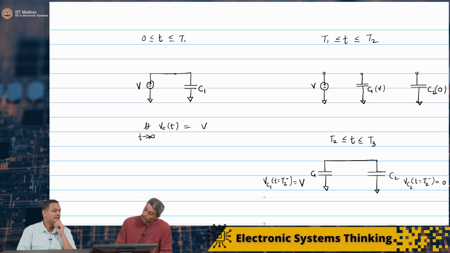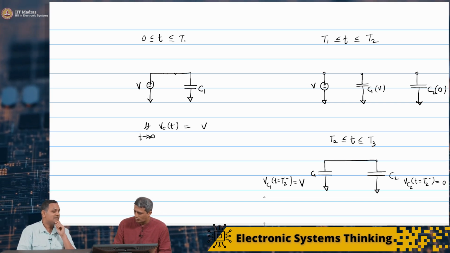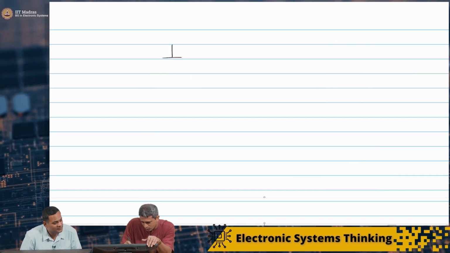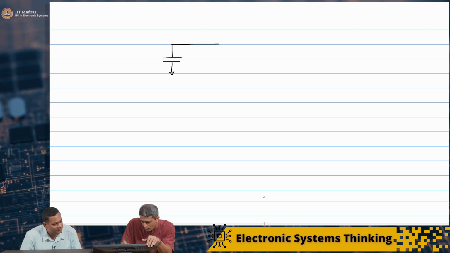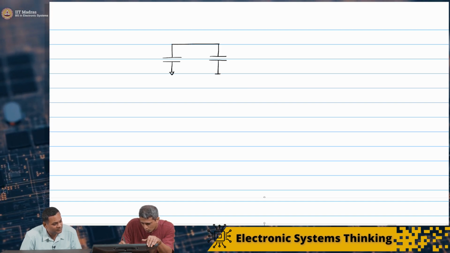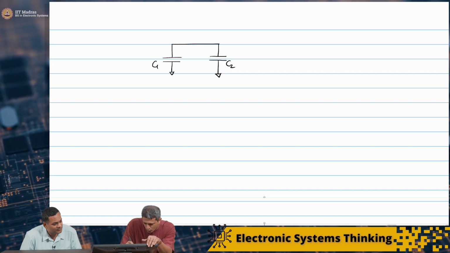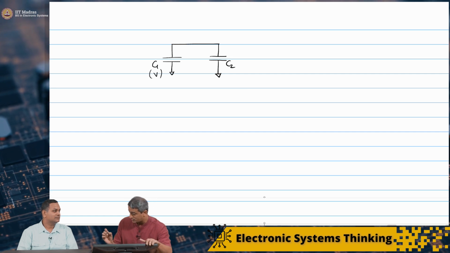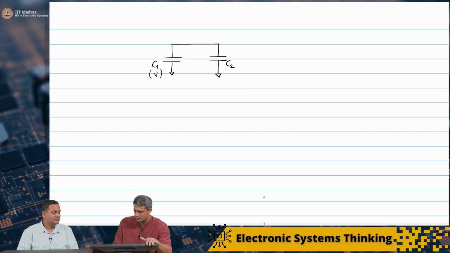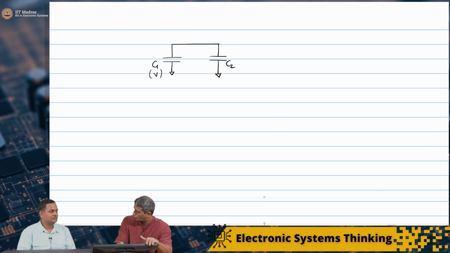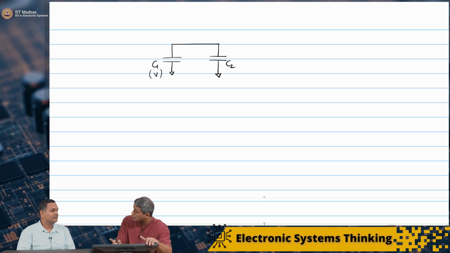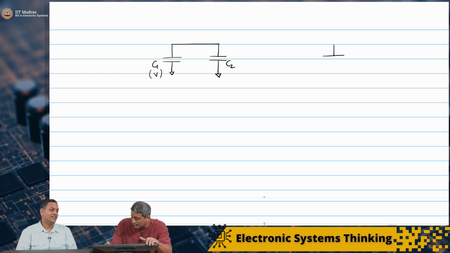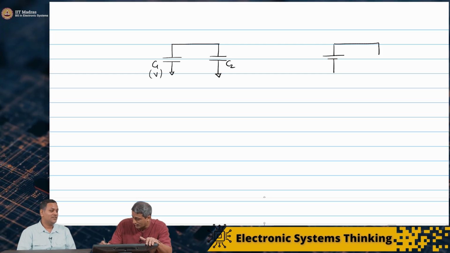Okay, so let's take a step back. Maybe I'll just redraw that here once more. C2, C1, initial voltage of V. So you're essentially making a prediction that C2 cannot charge all the way to V. What I'm asking is, can I replace this capacitor with a DC source like this?